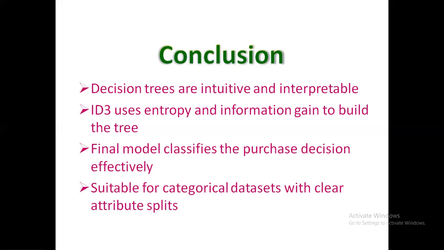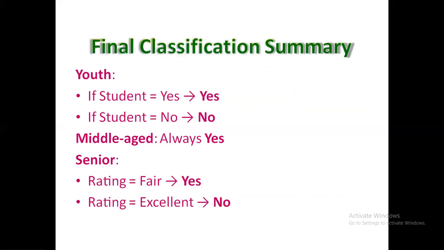A decision tree gives a clear classification. One of the main benefits of a decision tree is interpretability. The tree provides explicit rules, for example, if age is youth and student is no, then no, that are easy to understand and apply for future predictions.